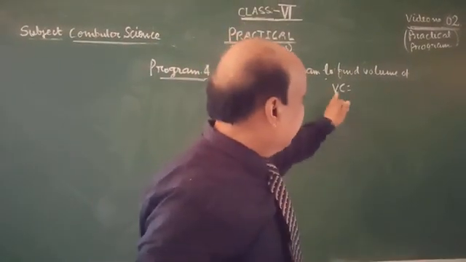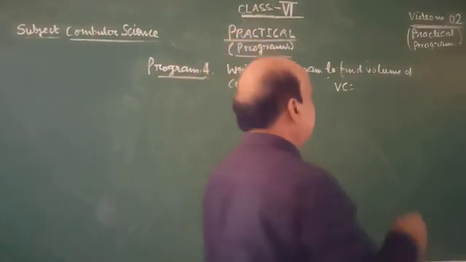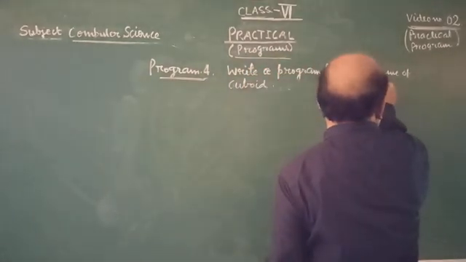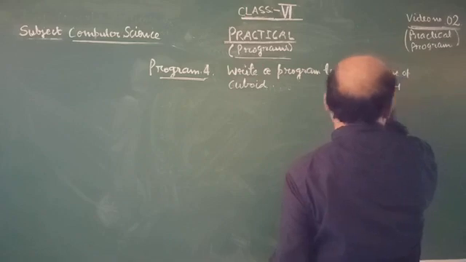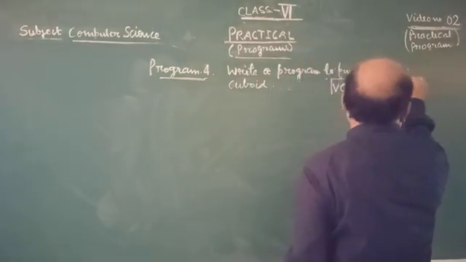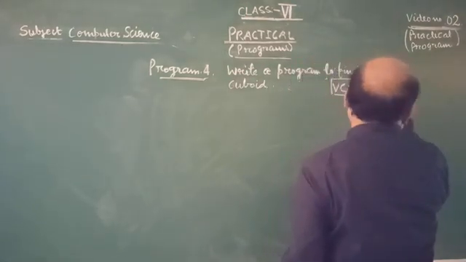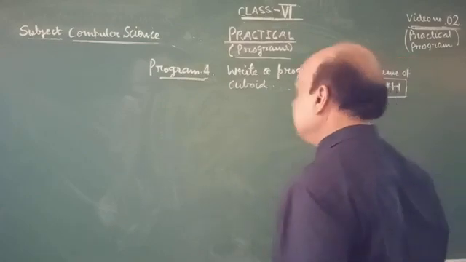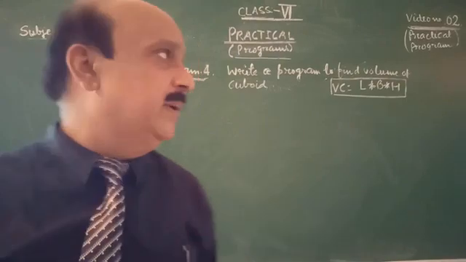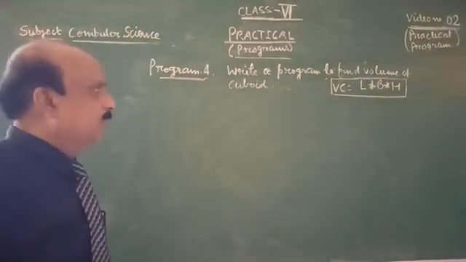I am indicating here VC, volume of cuboid, and the formula is length into width into height. L indicating the length, B indicating the width, and H indicating the height. This is the formula to find the volume of a cuboid.